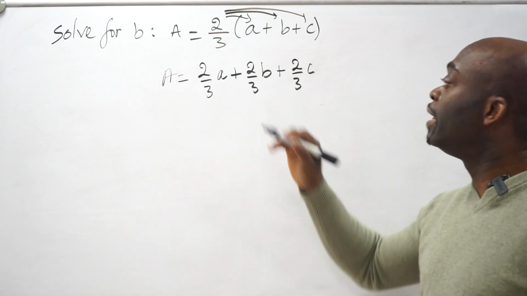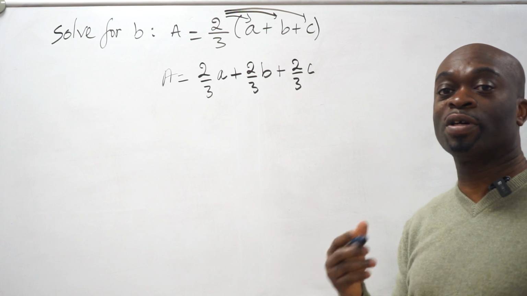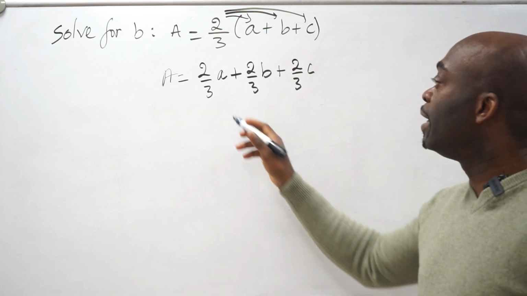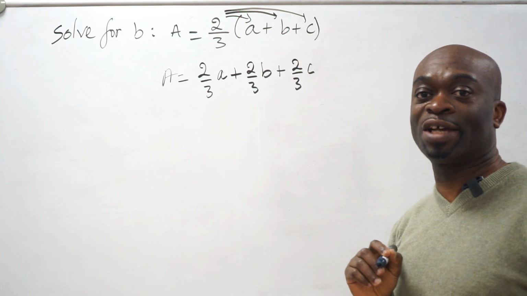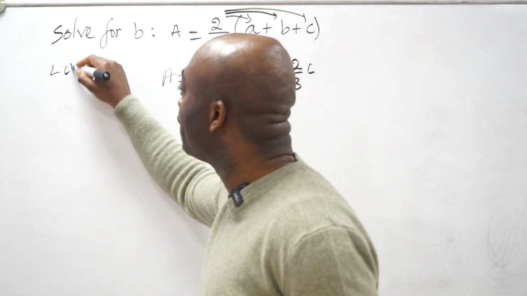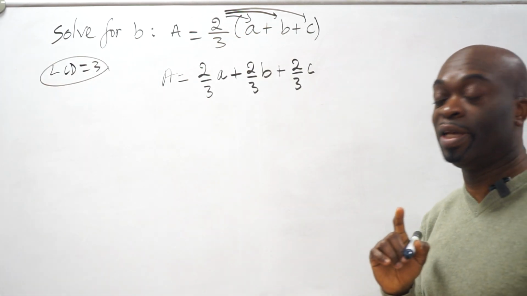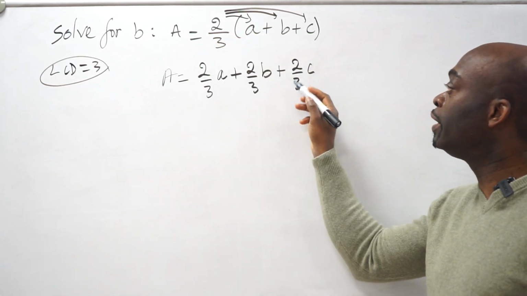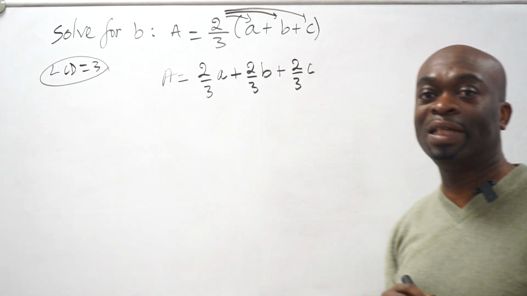That means we're going to have to find what we call the lowest common denominator, right? And here, the good news is that we only have 3 underneath the fraction, so 3 is going to be our lowest common denominator, because that's the only number there, right? So 3 is the only denominator, so automatically it becomes our lowest common denominator.